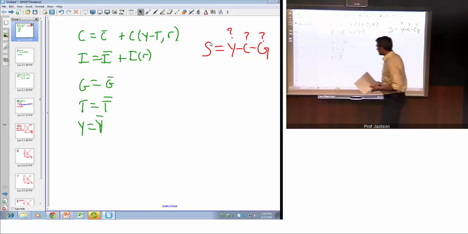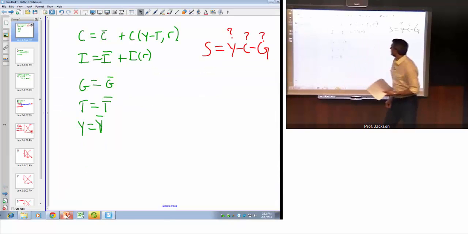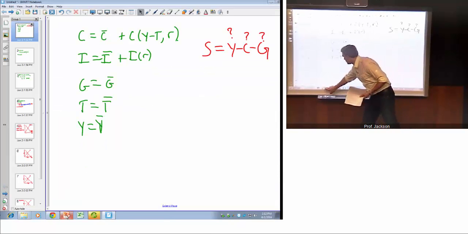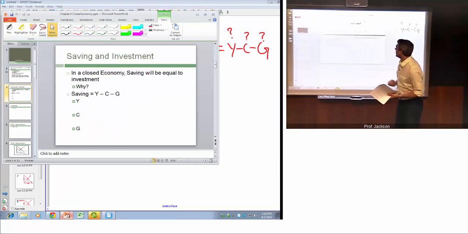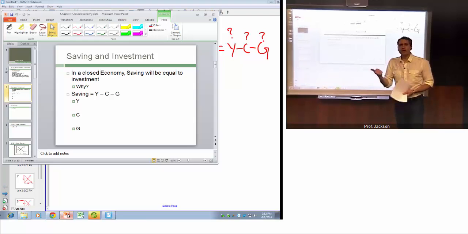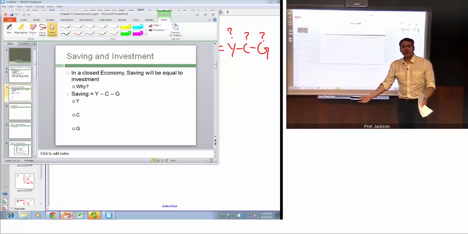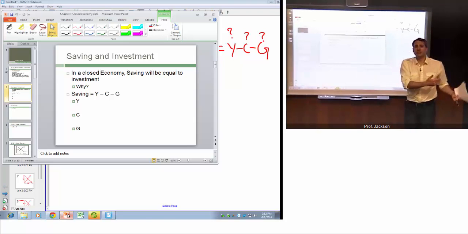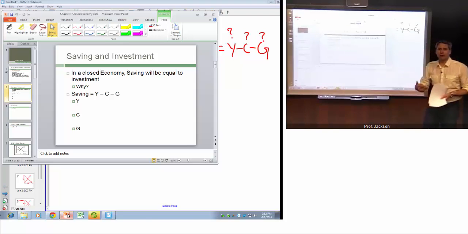So first of all, if we look at savings, if we look at income, we've already looked at that question in Chapter 3. What determines income or production? Well, the production function itself, as well as the inputs into production, capital and labor. If you recall the story, capital and labor and technology are exogenous or fixed in the long run.